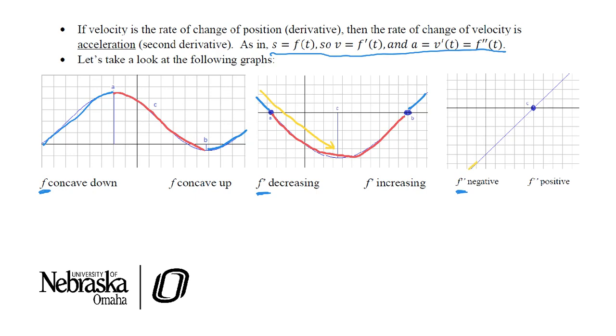So it's negative below the y-axis, and then our change in velocity is increasing, okay? Our slope is positive, so we are above the y-axis in the next portion. So all of these things are related to one another.